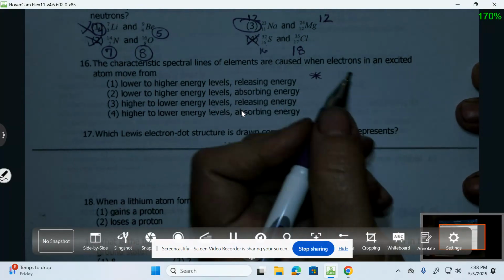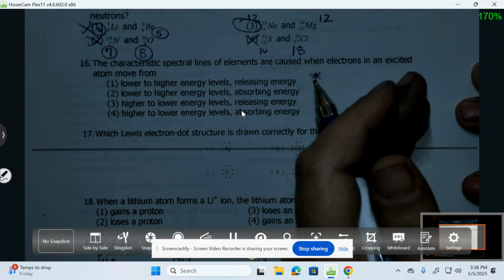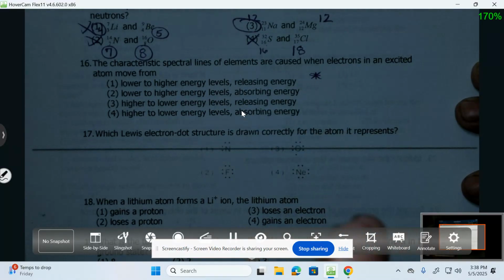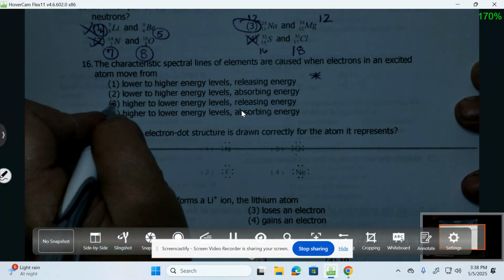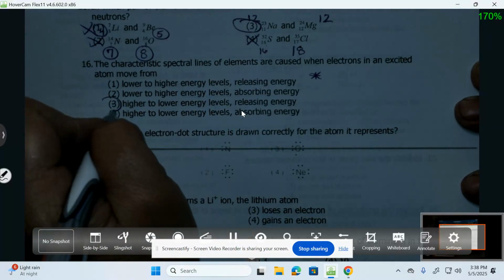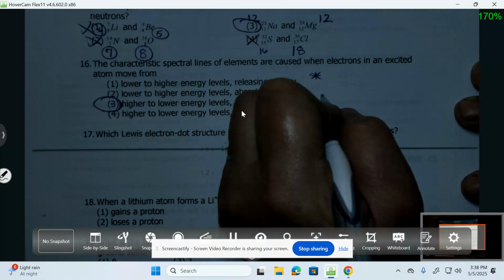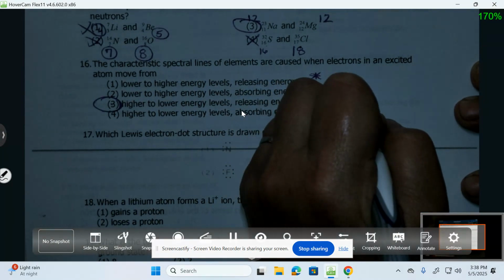Always remember, you see the pretty colors of the fireworks on the 4th of July when the firework is going from high in the sky back down to earth. You see the colors when they go from high to low. Okay? So they go from high to low energy, and they're going to release that energy in the form of light.